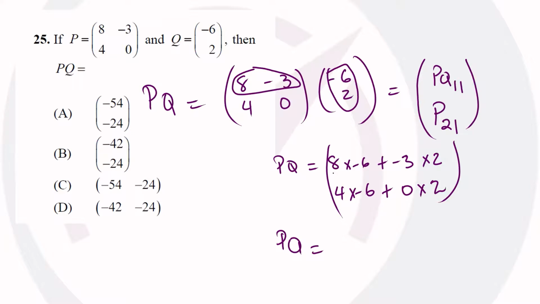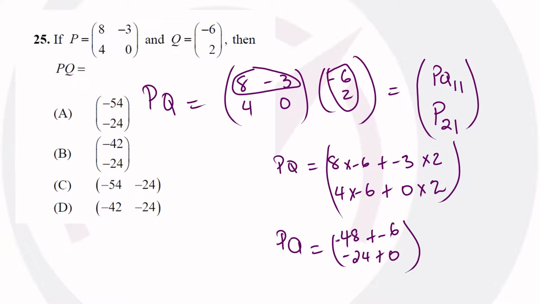So let's work out our PQ now. 8 times -6 is -48, plus -3 times 2, which gives -6. Then we have 4 times -6, that's -24, plus 0.